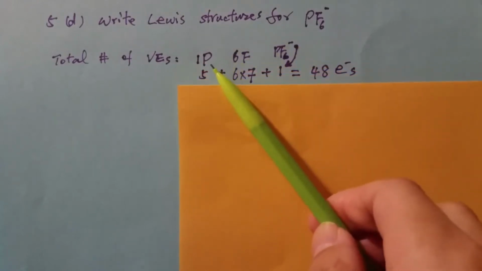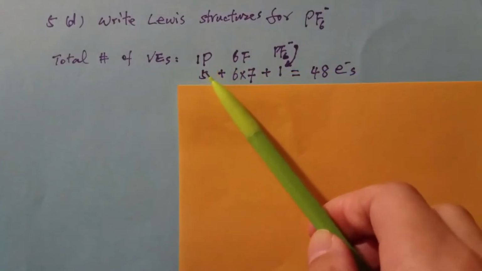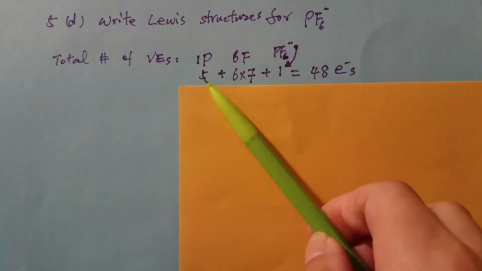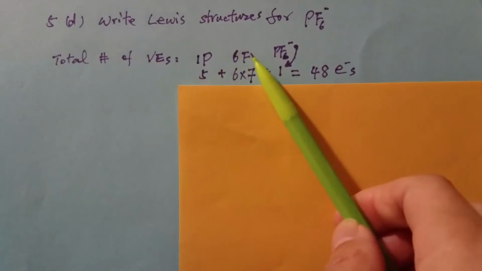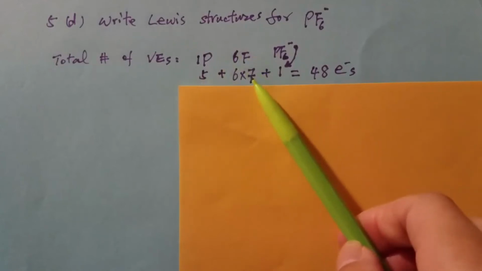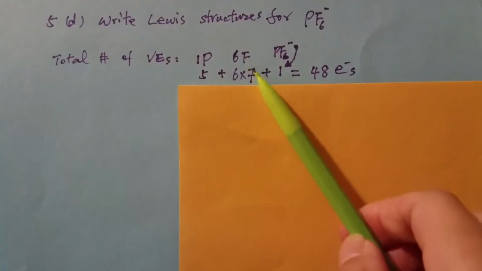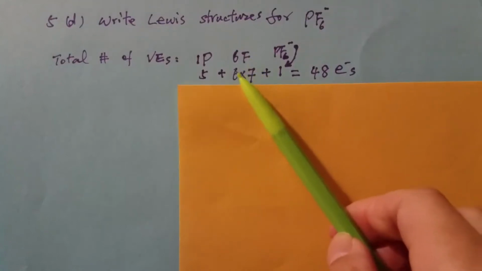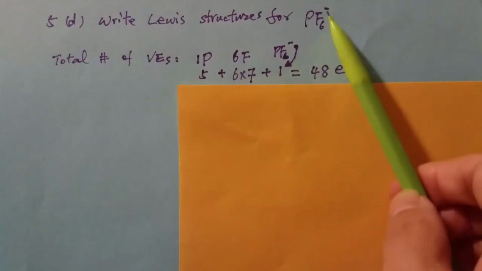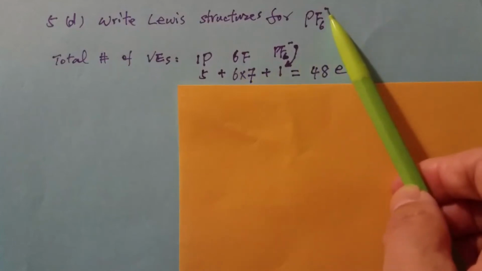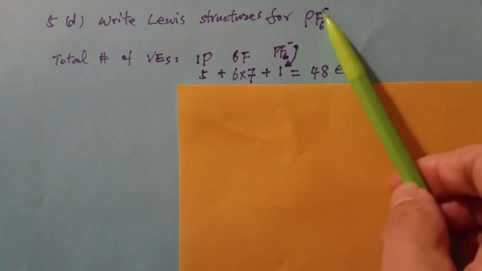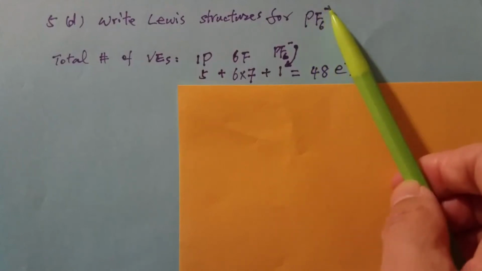One phosphorus is in group 5A, so 5 valence electrons. Each fluorine carries 7 valence electrons because it's in group 7A, so 6 times 7. And this polyatomic ion's charge is -1.